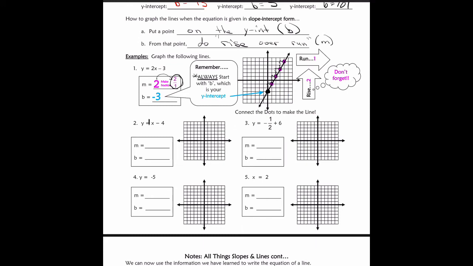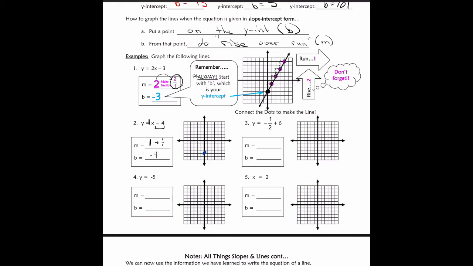So my slope would be 1, but writing that as a fraction, I would have 1 over 1. And my b value, the number on the end, would be -4. So I'm going to go down to -4 and put my dot right there.